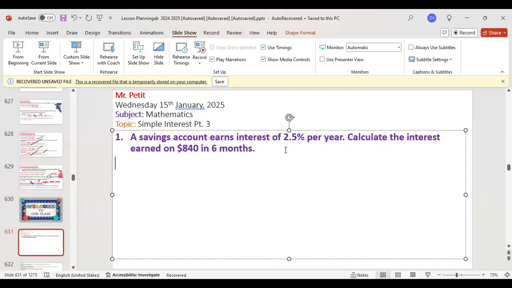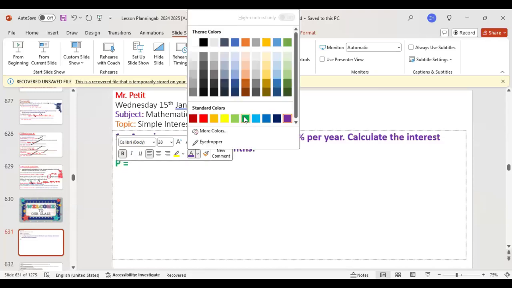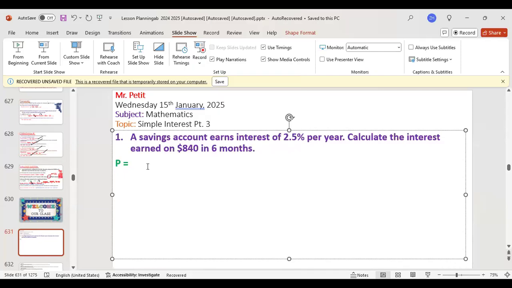We know that the principal, which is the amount invested, is going to be what? The principal is 840. Very good, $840. We know that the rate, which is R, is 2.5%.